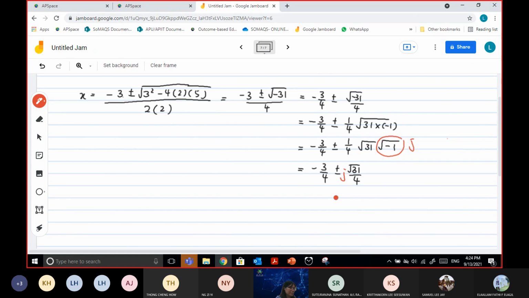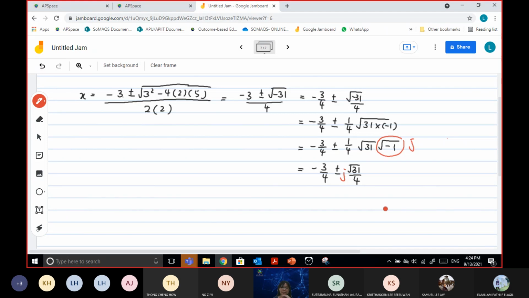Yes, so it should be negative 3 over 4. Then the imaginary part is j square root of 31 over 4. Is that okay so far? Okay, clear? That's how we get to the complex numbers.